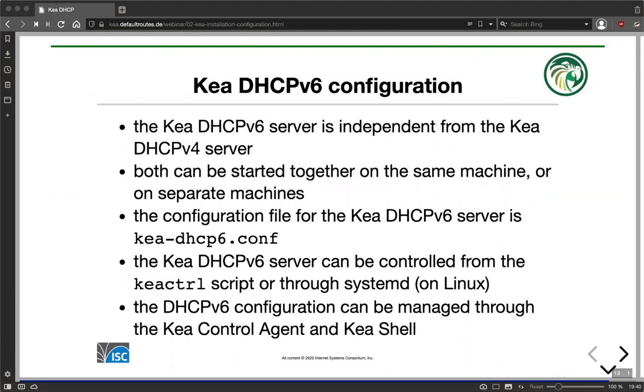So a little bit about the DHCP v6 configuration. The DHCP v6 configuration is very, very similar to the DHCP v4 configuration, so there's not much differences. And the DHCP v6 server is completely independent from the v4 server. It's a different process.